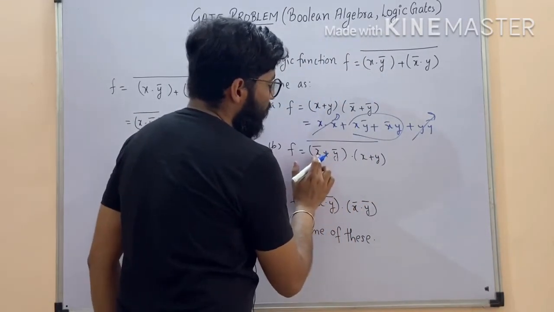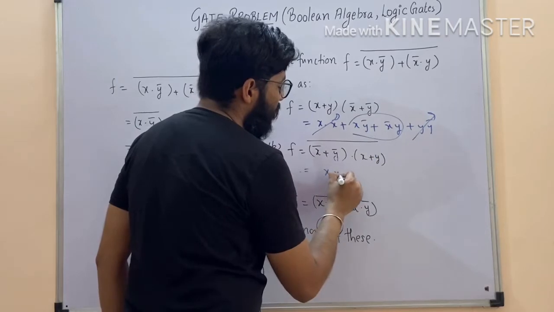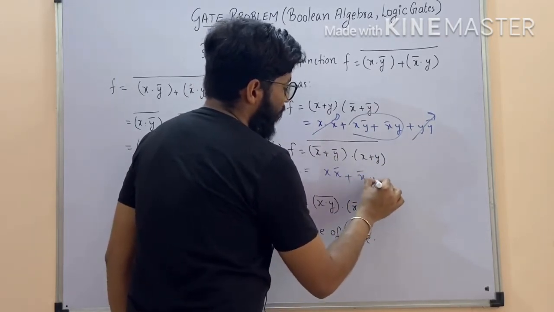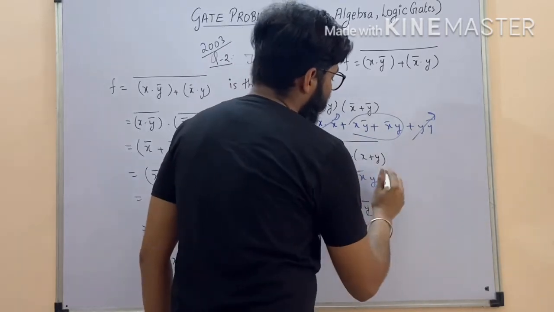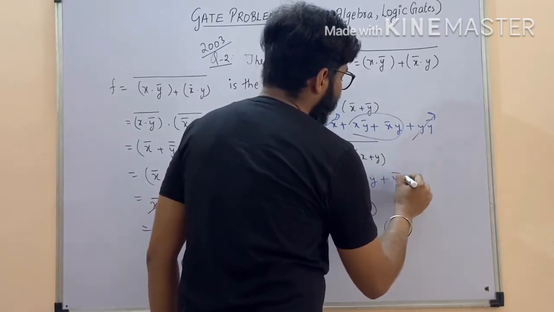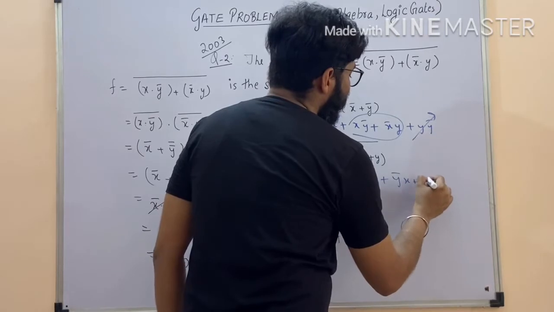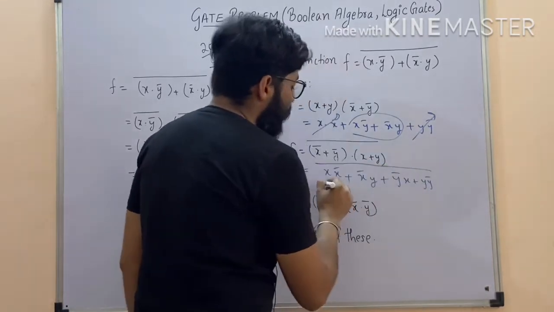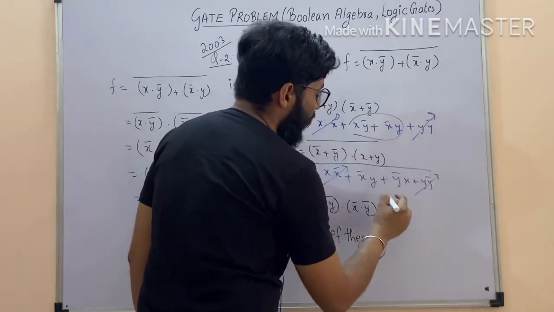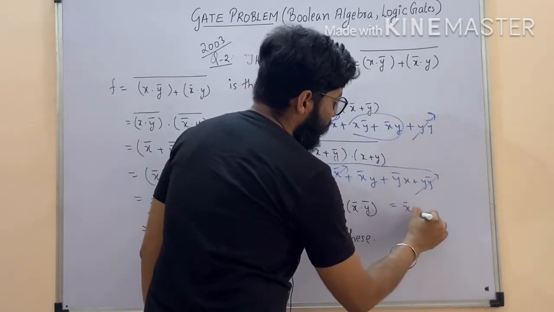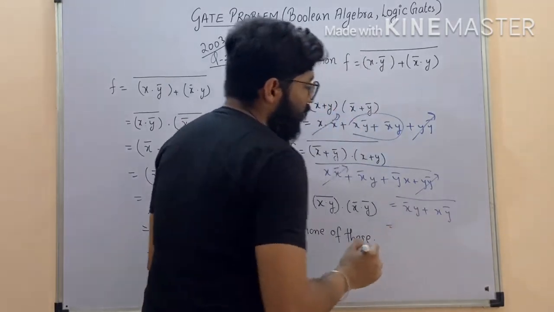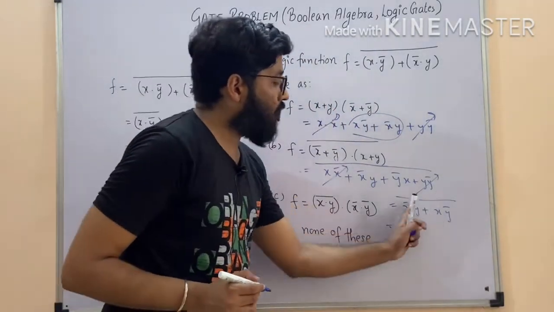Multiply this x complement into this x, you will get x complement x plus x complement y. Now multiply y complement x plus y complement y, and the whole complement. Now this is 0 and this is 0, you will get x complement y plus x y complement, the whole complement. Now you will see this is the XOR gate.